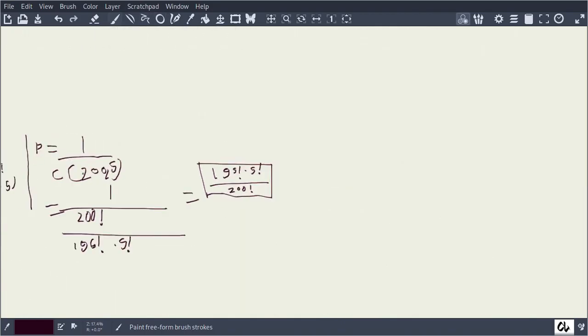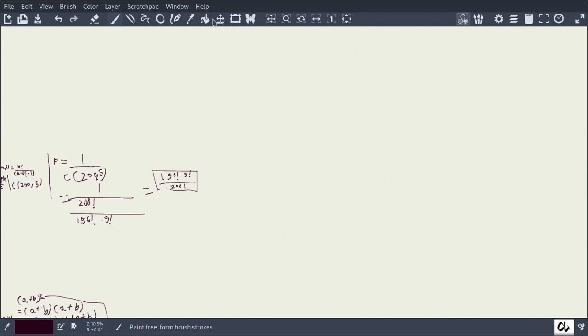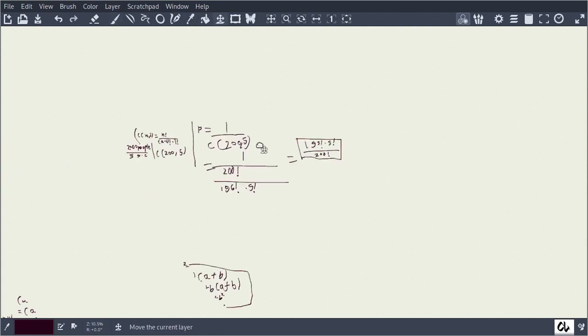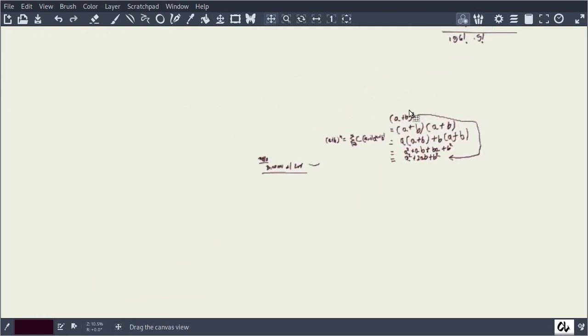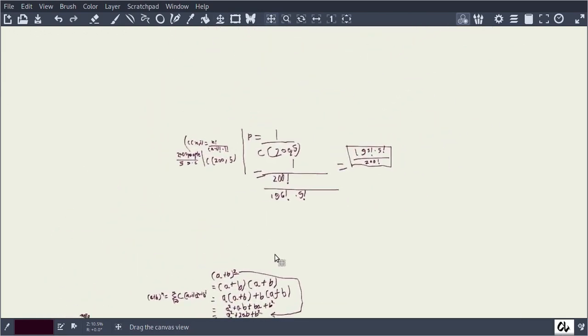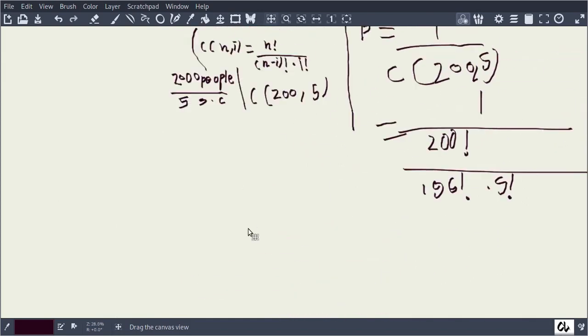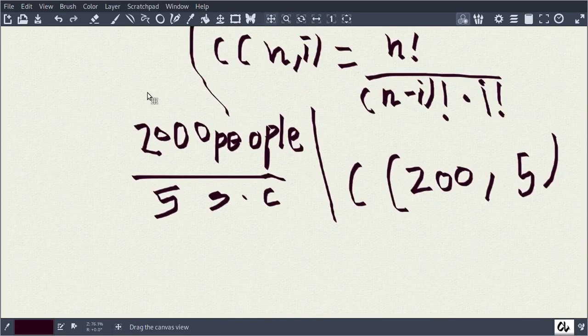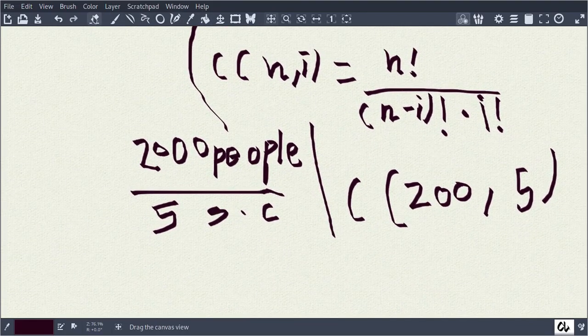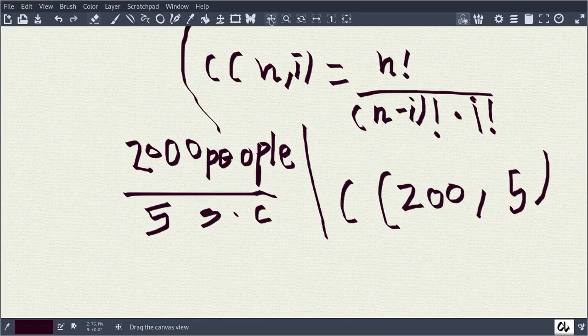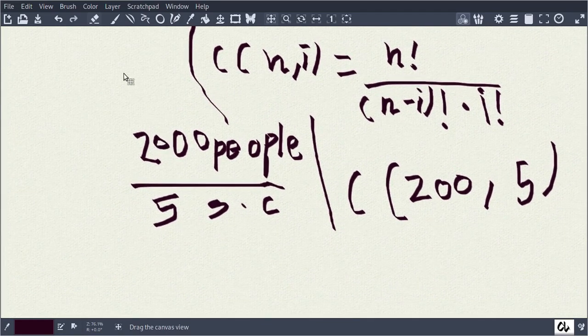I'm very, very sorry here. We can always change this. Where did I say that there are 200 people? I'm sorry, there are not 2,000 people in the school.